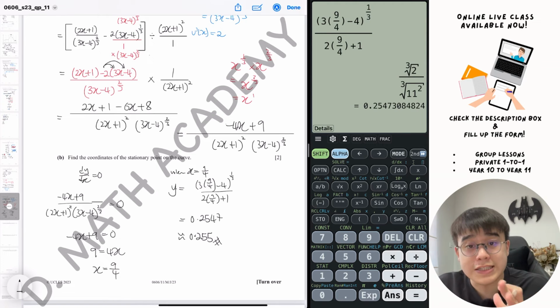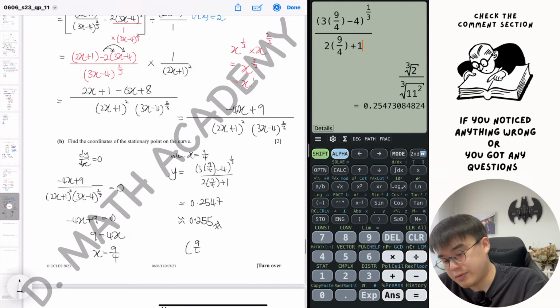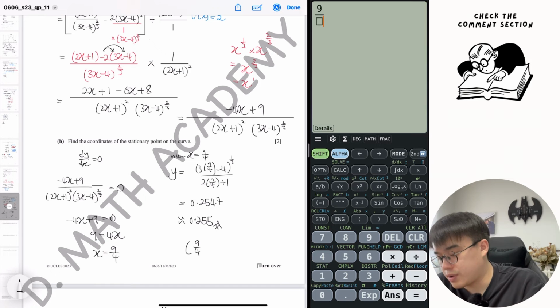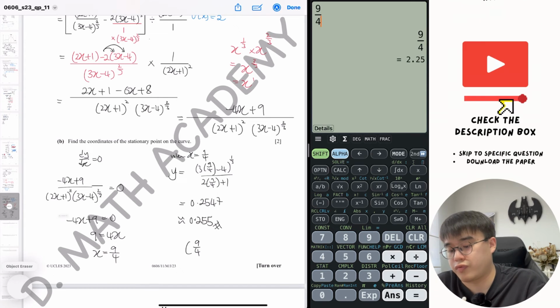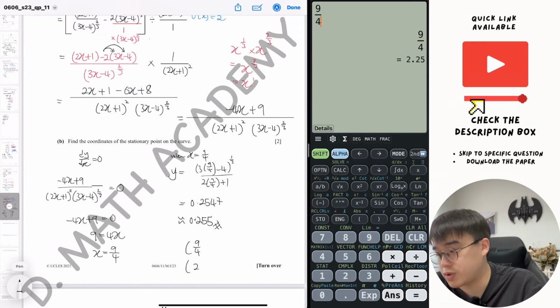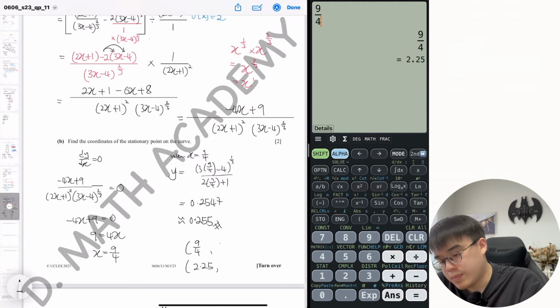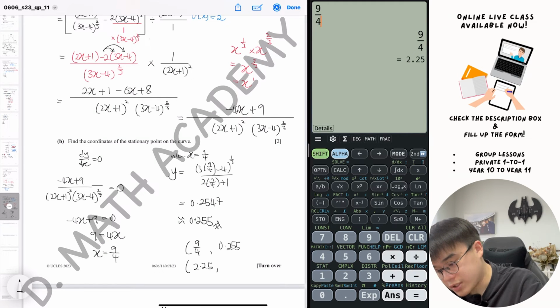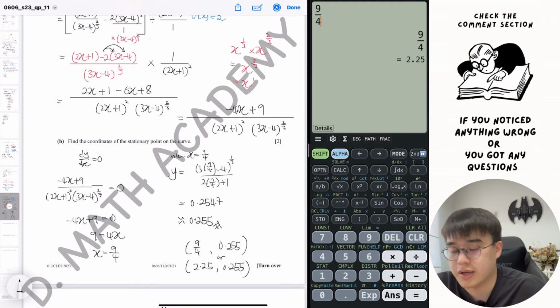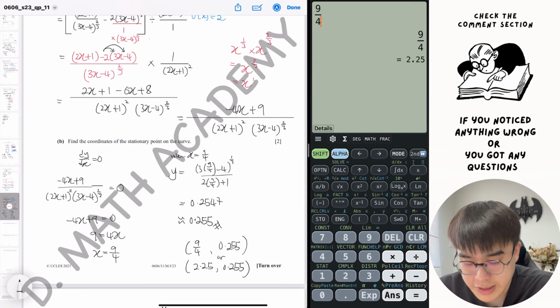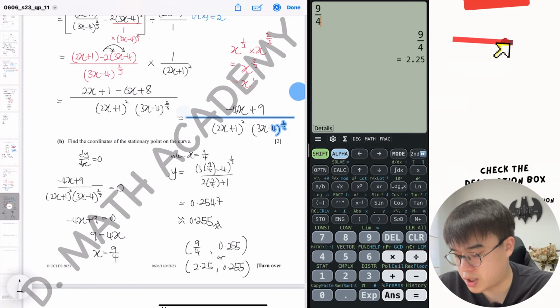So the coordinates here will be 9 over 4, and 9 over 4 also equals to 2.25. Optional which one you want to write, but the y coordinates I will write them as the same, which is 255 here. This will be my final answer for this question here.